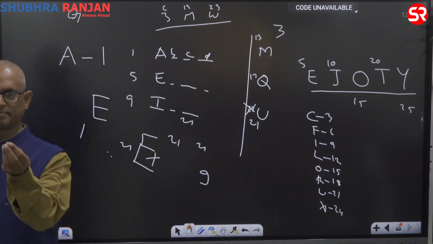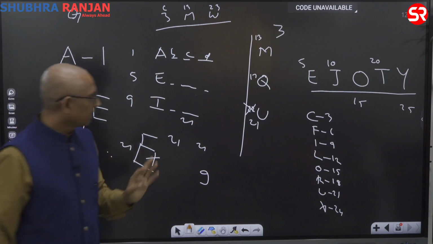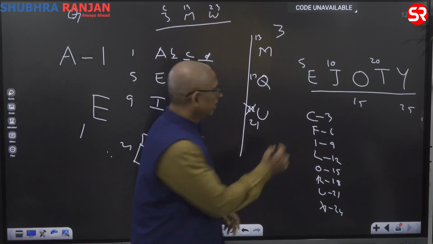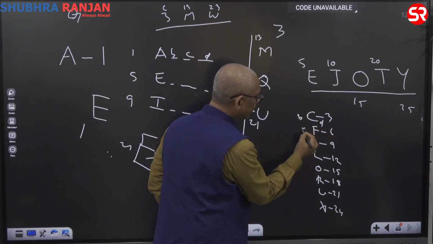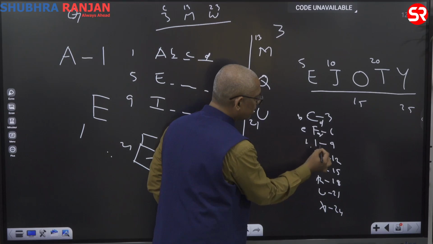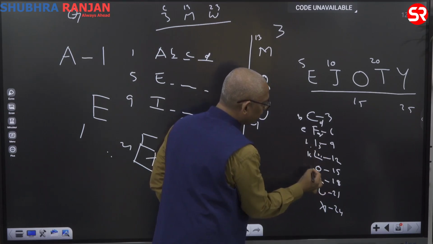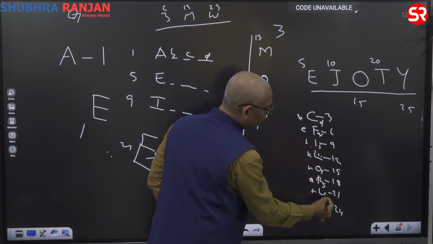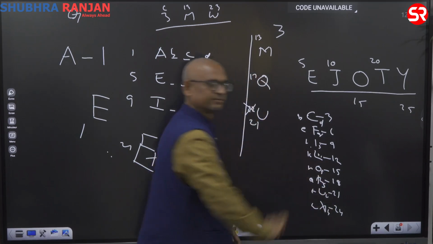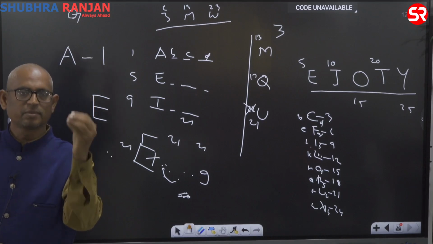Remember the tablet name. So you will remember all alphabets. Observe carefully. C, B here, D here, B, C, D, E, F, G, H, I, J, K, L, M, N, O, P, Q, R, S, T, U, V, W, X, Y. All alphabets will come there only, in whatever format you remember the alphabets.